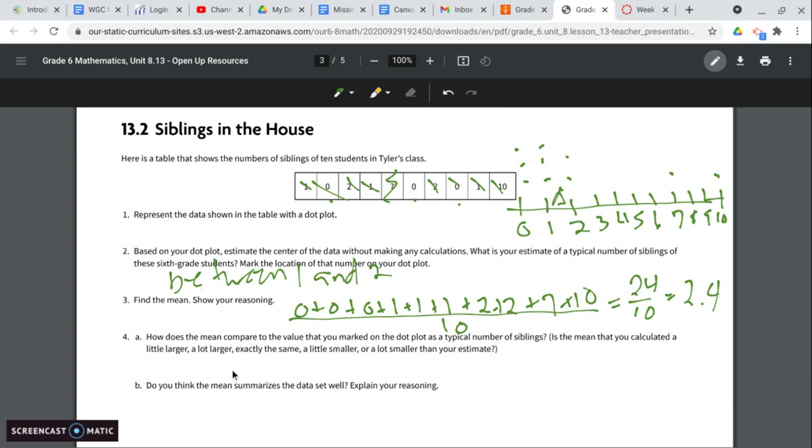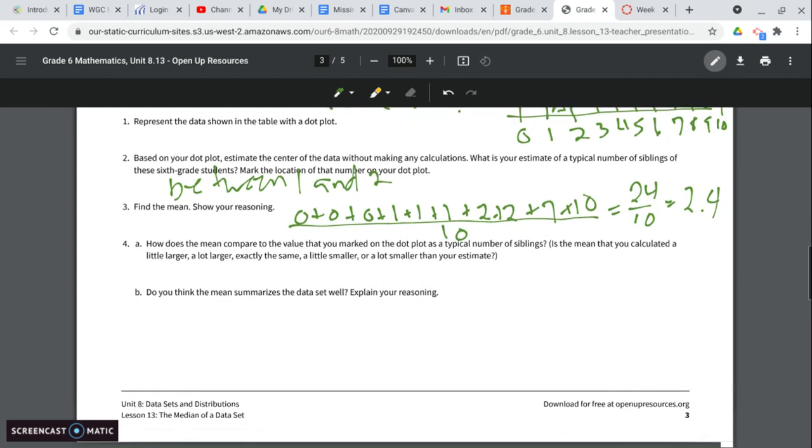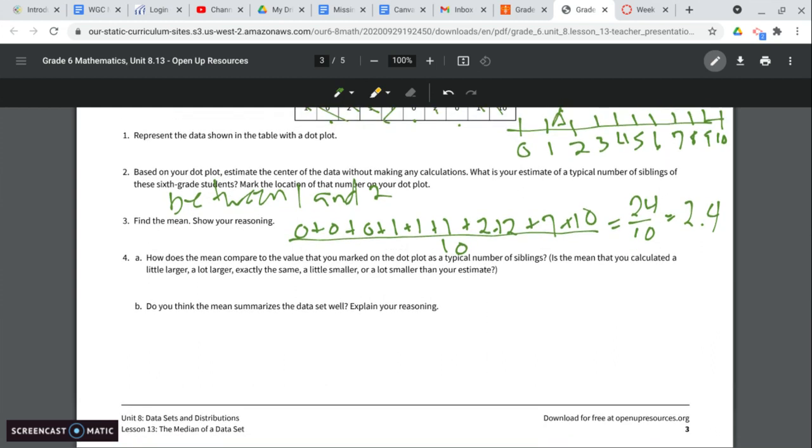So how does the mean compare to the value marked on the dot plot as a typical number of siblings? The mean is a little larger. So we were a little off in our estimate, but that's because we had some outliers, which affected the mean. It made it so it was a higher amount. So do you think the mean summarizes the data set well?